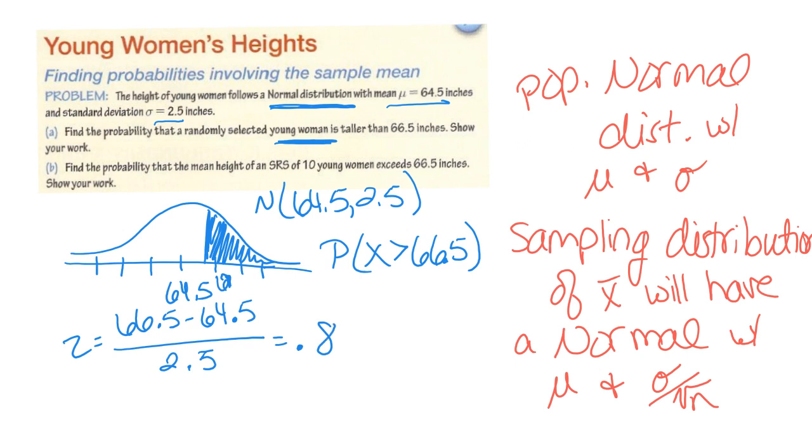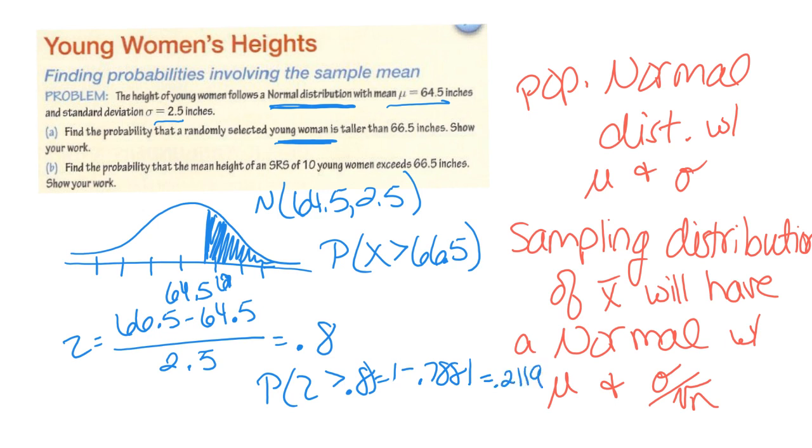If I use table A, the probability that z is greater than 0.8 is equal to 1 minus what I see in my table A, because remember table A only shows me to the left. So 1 minus 0.7881, which will give me 0.2119.